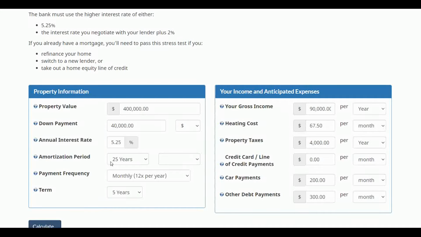So amortization, again, just to recap, the amortization period is the length of time it's going to take you to pay off that mortgage. So 25 years means your payments are spread out over a 25-year period, and your payments are a combination of interest and principal.